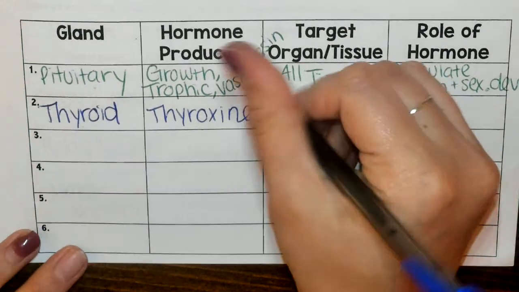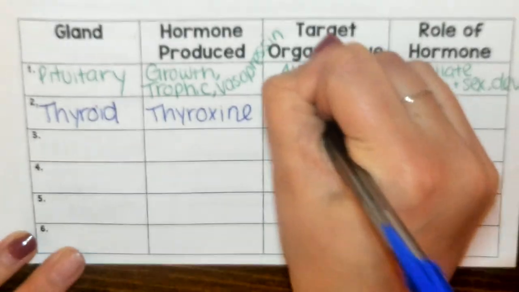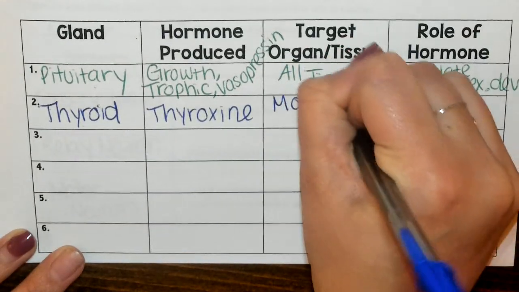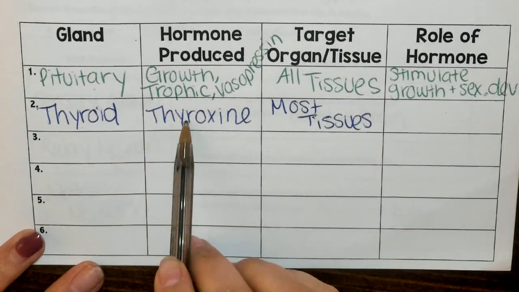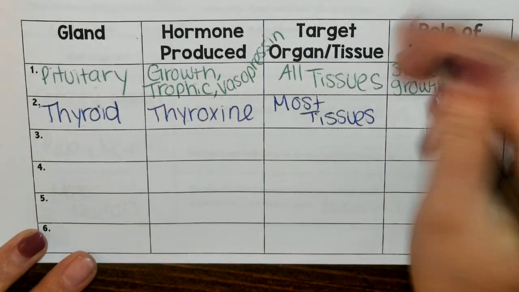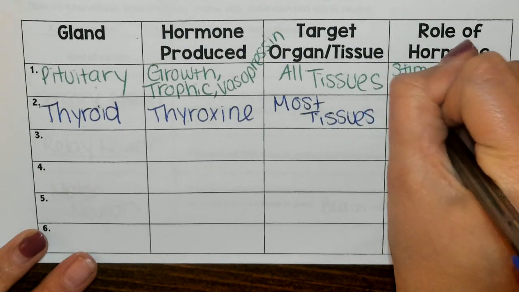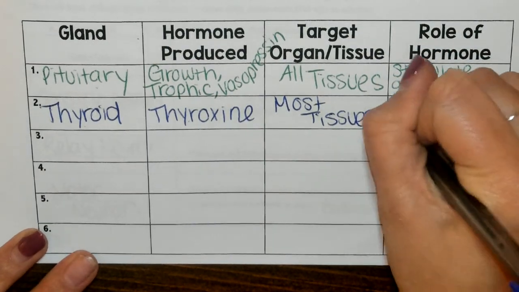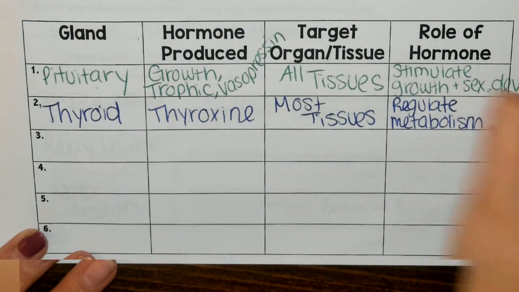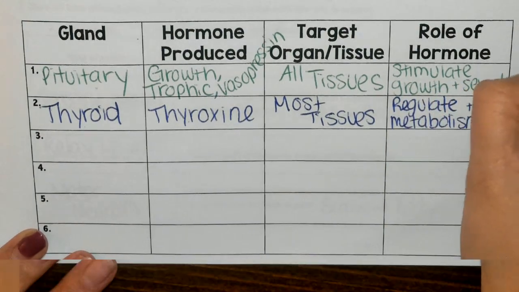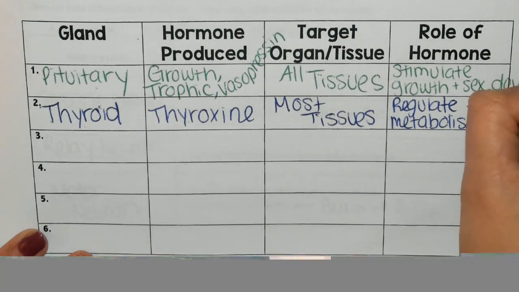Not all of them, but pretty much most tissues. The role of thyroxine is to regulate metabolism, and it controls some different rates of your body.